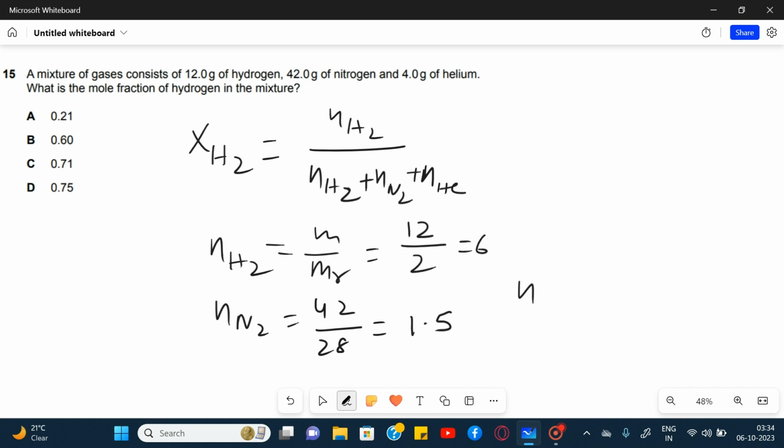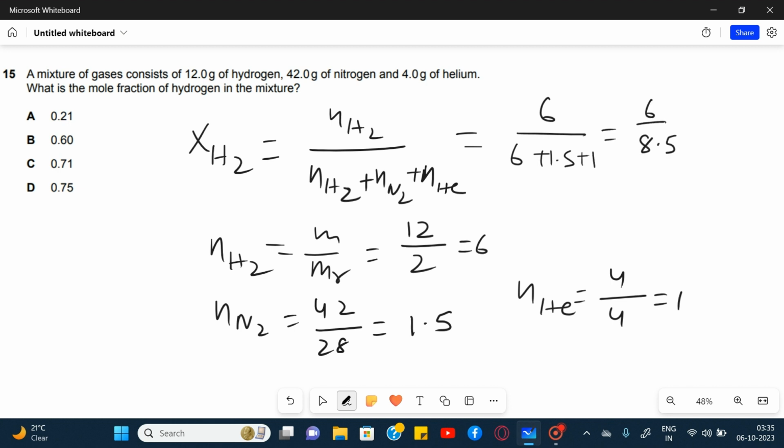And for number of moles of helium, the given mass is 4 grams and the molar mass is also 4, so it will be 1. Let's put these values in this equation. Mole fraction of hydrogen is 6 upon 6 plus 1.5 plus 1, which gives you 6 upon 8.5, and it comes out to be approximately 0.71. So option C should be the correct answer.